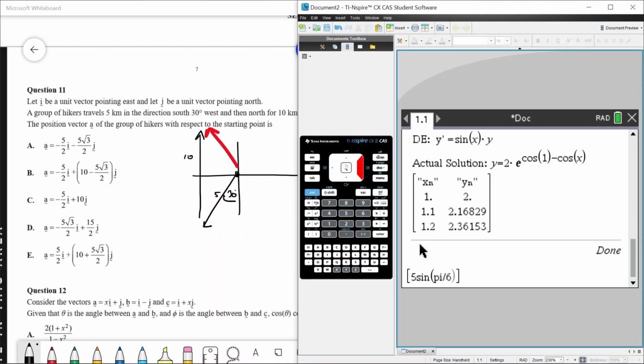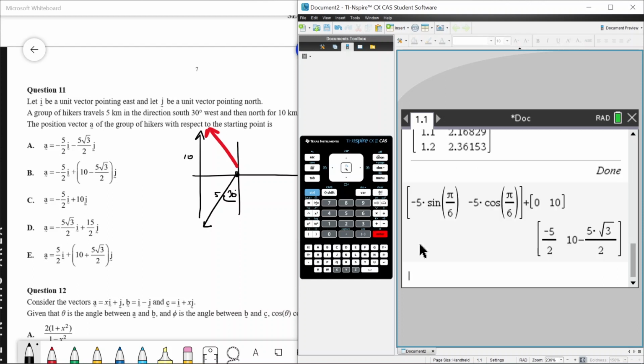And then this is going to be negative as well because we're in the negative quadrants. And then the y is going to be 5 times the cosine of pi on 6. And then this is also going to be negative because we're in the third quadrant. And so that's the first vector, and then we add on the second vector, which is (0, 10).